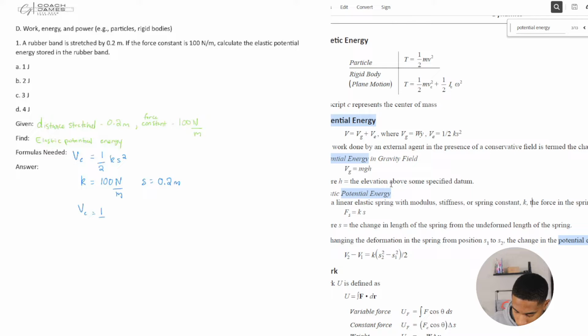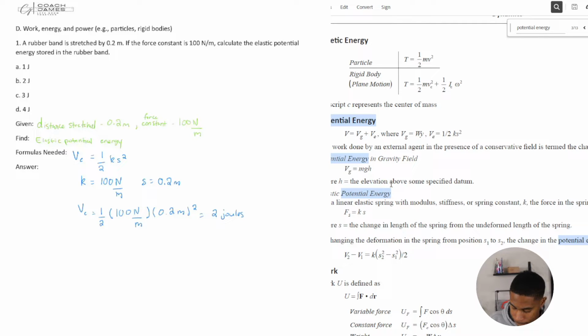Okay, so we have Ve is equal to 1/2 times my 100 newtons per meter times my s squared, or 0.2 meters squared, and I get this all to equal 2 joules.